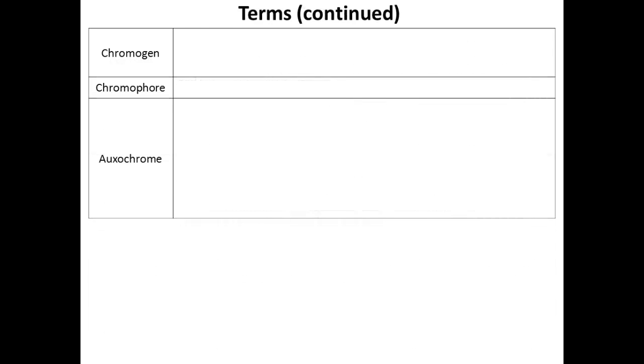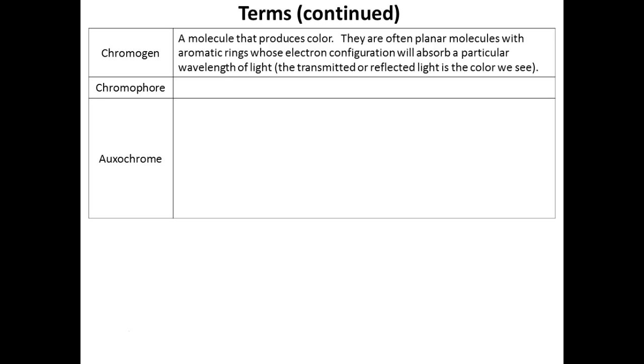When it comes to the individual dyes themselves, there are different components of the dyes. So the chromogen is the actual color component of the dye. And they're usually these cyclic molecules, right, carbon in a circle. Planar, meaning that they're within a plane.